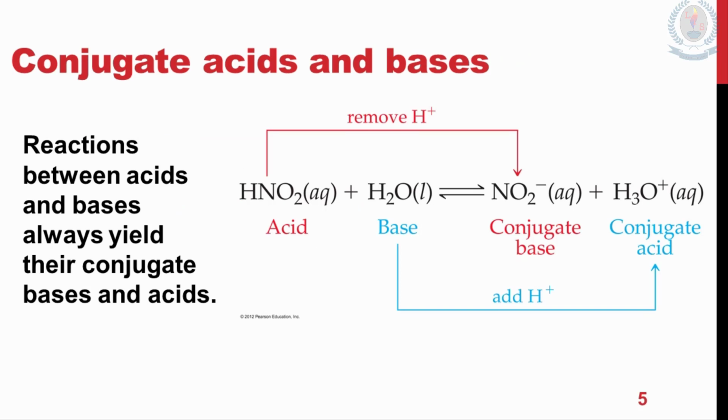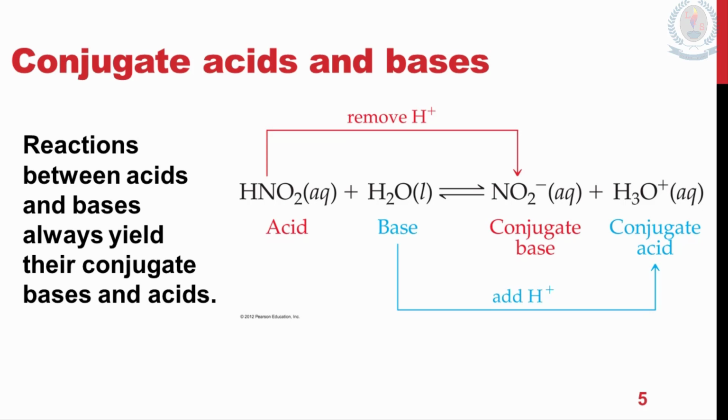Conjugate acids and bases. Reactions between acids and bases always yield their conjugate bases and acids. This is a small example for conjugate acids and bases. I will talk about conjugate acids and bases in this lesson later.